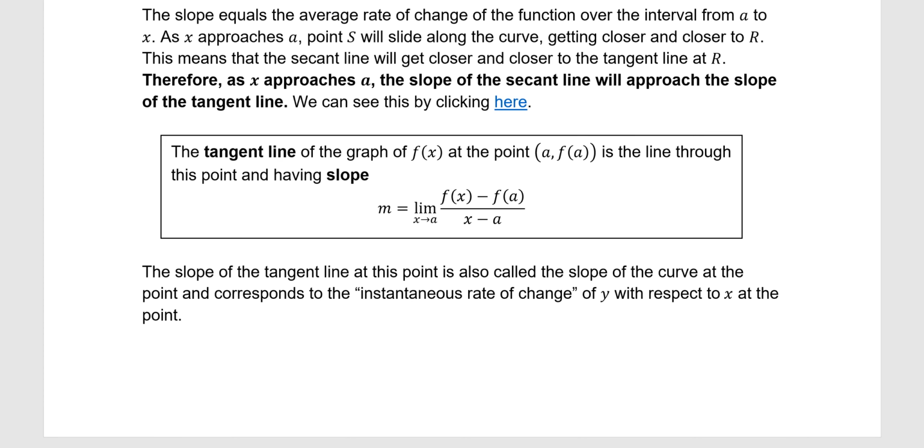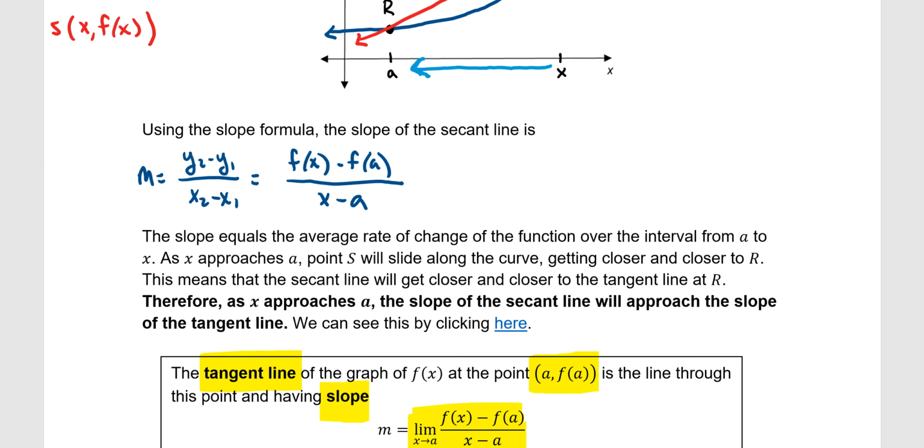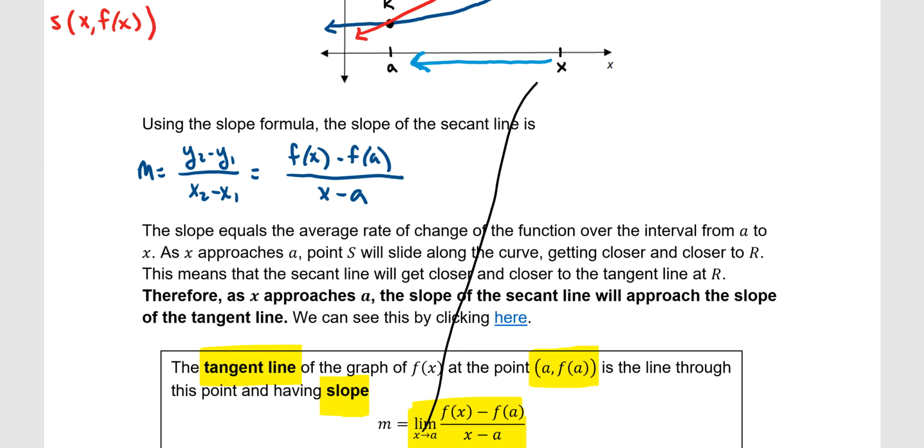So we got all this way just to get to our first little formula that we're going to be using. So the tangent line of a graph of a function at point a, f of a, whatever those xy coordinates happen to be, is going to have the slope f of x minus f of a over x minus a, which is what we just wrote down a second ago. And then we have the limit as x approaches a, because we want x to be approaching a.